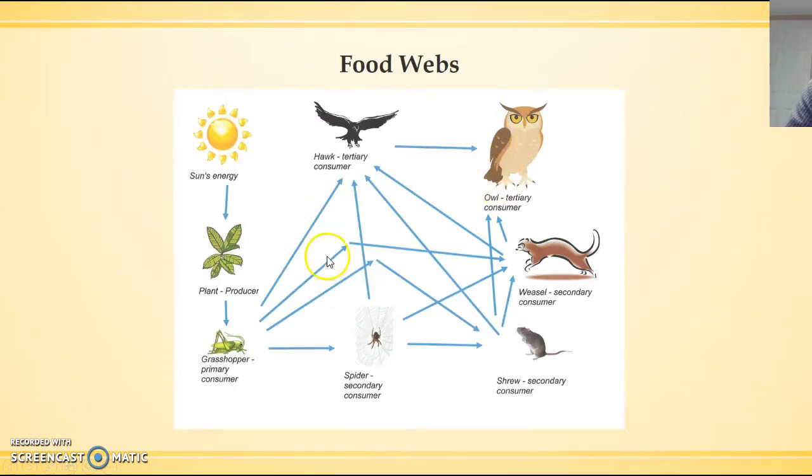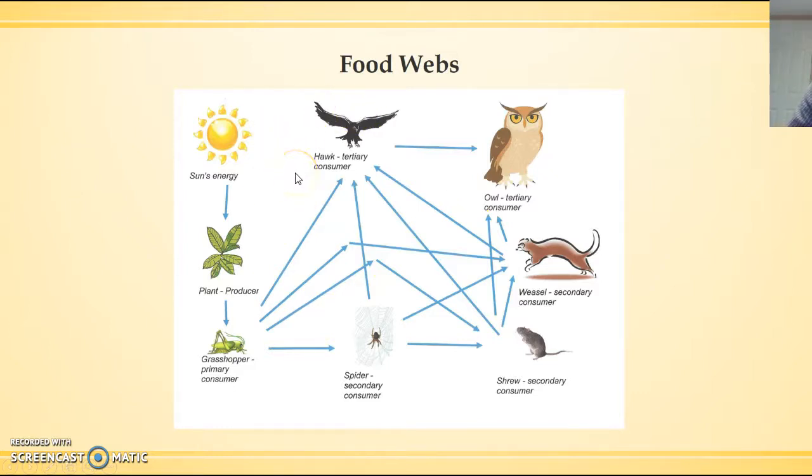Okay. So again, a food web is just a big ecosystem of all these different life forms and how the energy flows from the sun to our producers, to our other consumers, and how they all are kind of linked, okay?